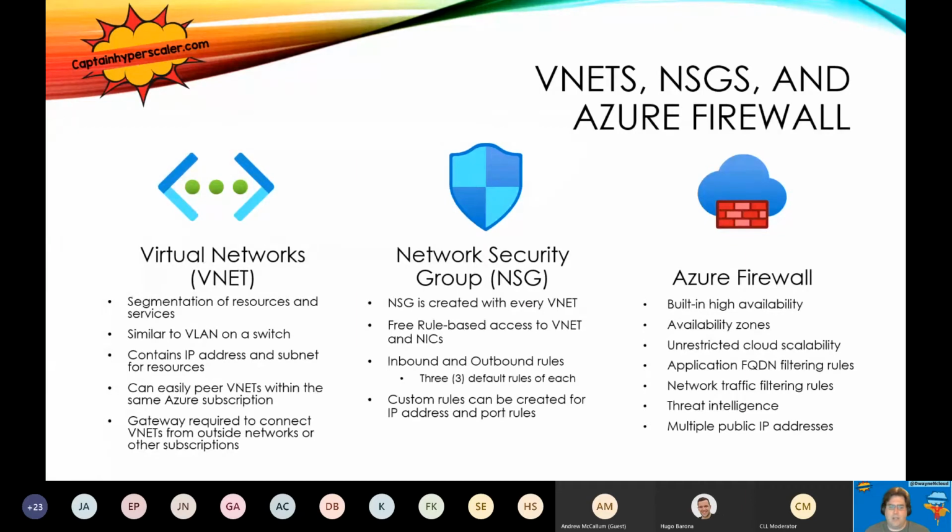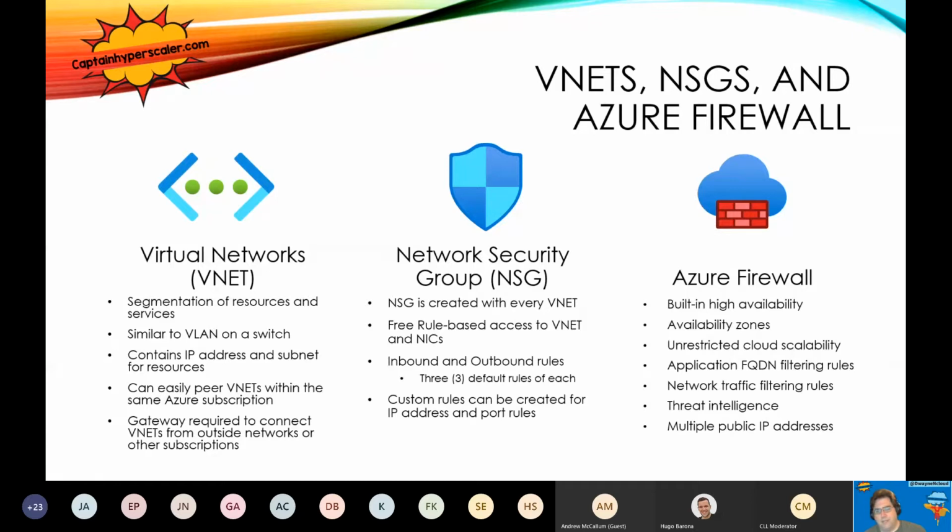And it's helpful to segment your resources and services around that. It's very similar to if you're used to architecting an on-premise network and working with switches and creating VLANs to segment workloads and services within your switch environment.